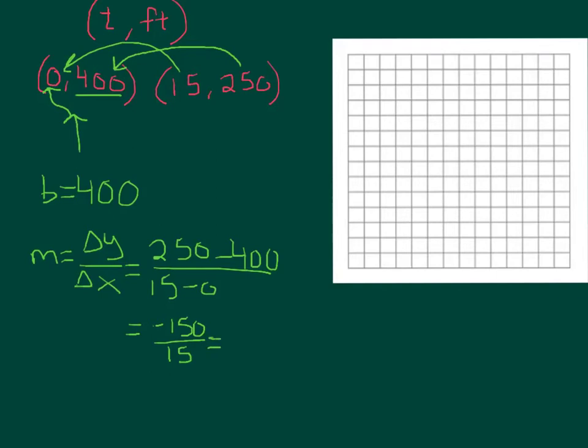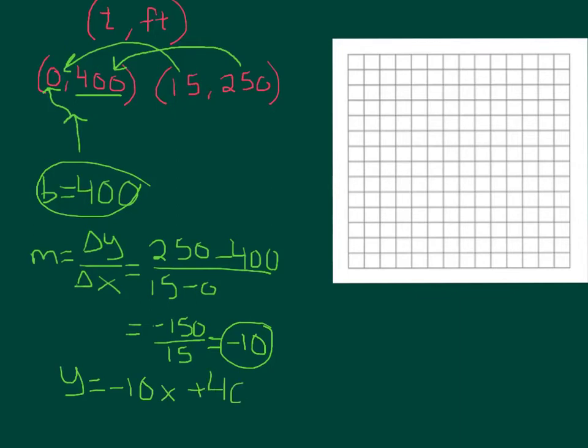And that equals negative 10. So I have the y-intercept of 400 and the slope of negative 10. So my equation is y equals negative 10x plus 400.